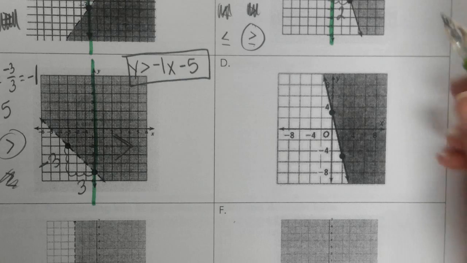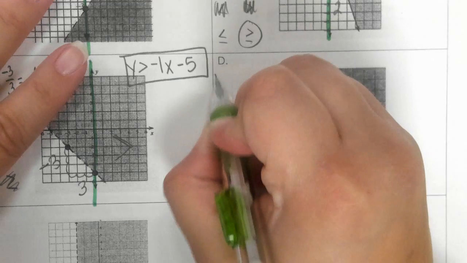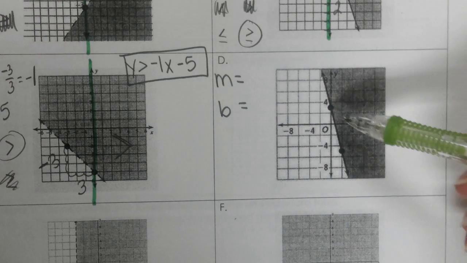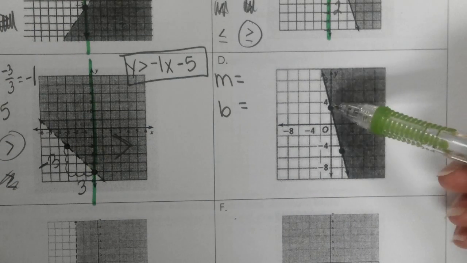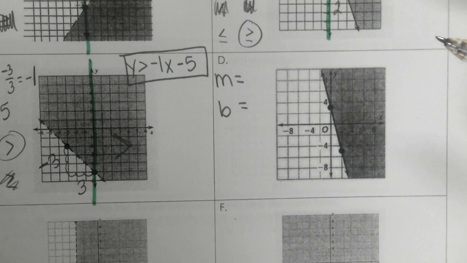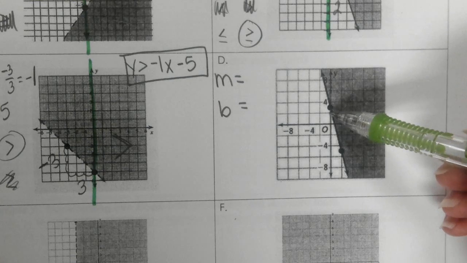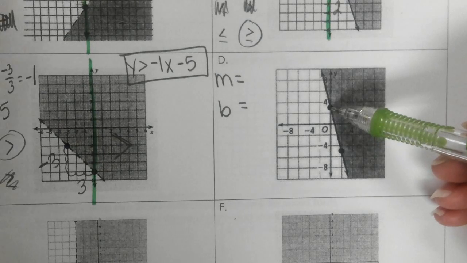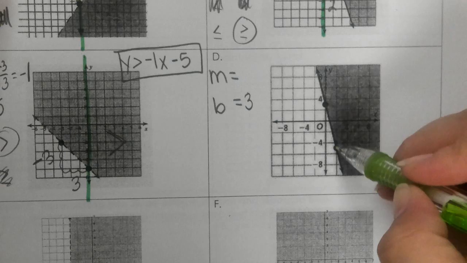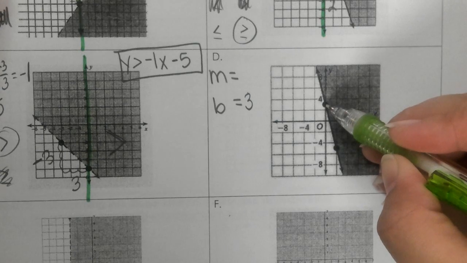Okay. In letter D, again, let's find our slope. So here we are counting by 2's, it looks like. So 2, 4. And this is between the 2 and the 4. So that's going to be at 3 right there. And then we're going to have to do like halves.